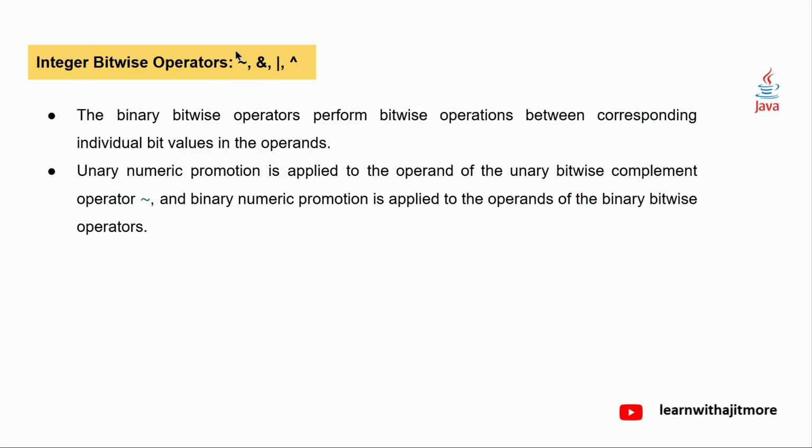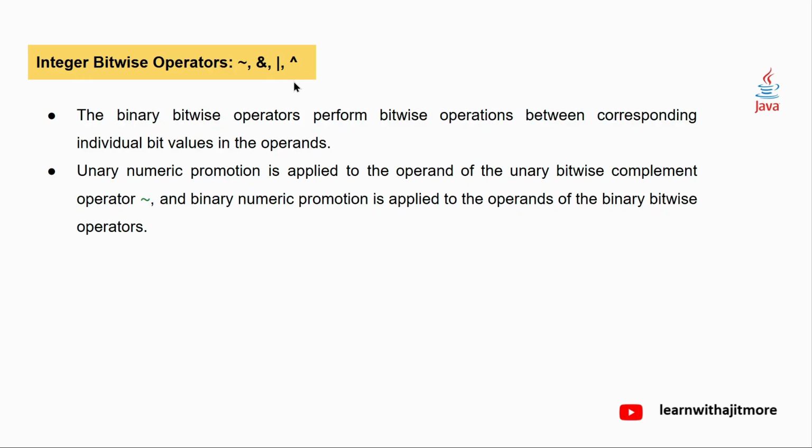Okay. And promotions are applied here also, you should know it because you are going to work on integers. So if it is unary, unary promotions are applied. If it is binary, binary promotions. Okay. And the ultimate answer will be either int or long. I'm sure float and double won't come because these operators work only on integers.